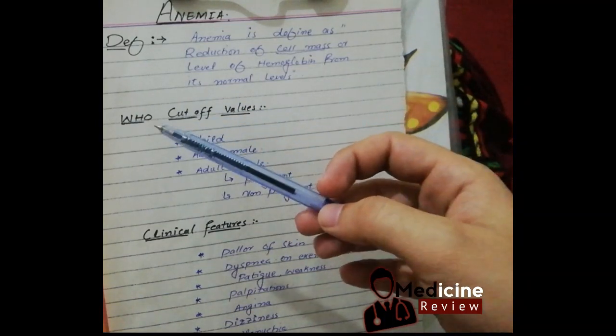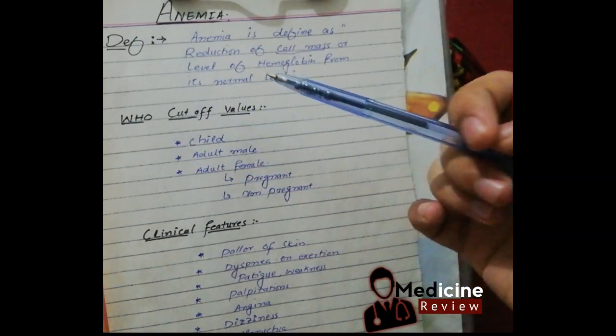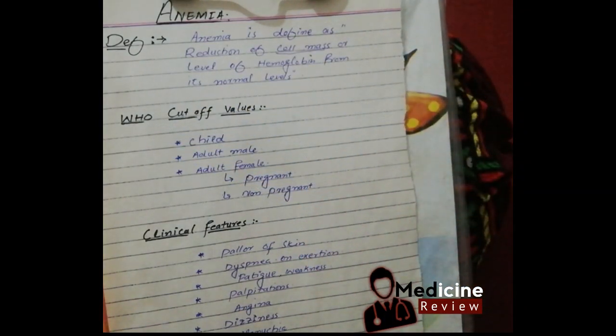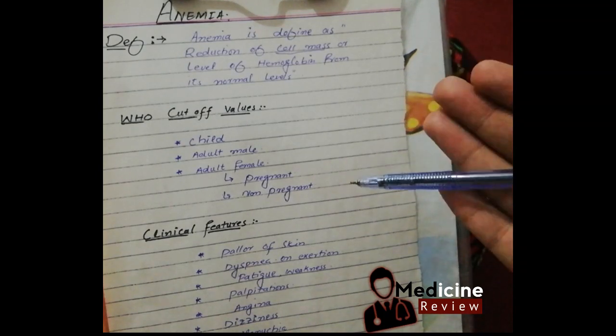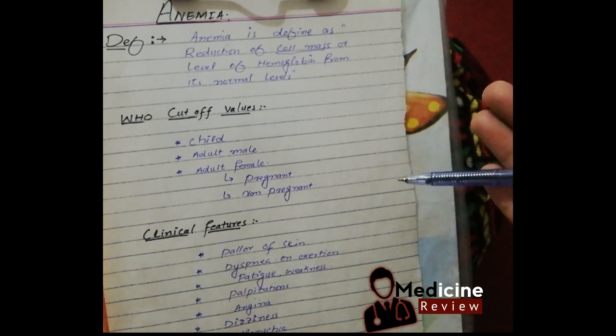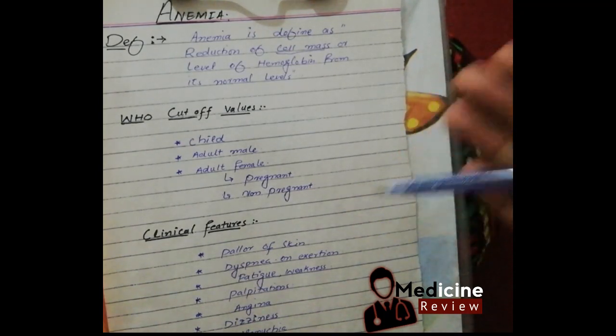Now let's look at the WHO cutoff values. The values are different for children and adults, and especially for adult females, it is different for a pregnant lady and for a non-pregnant lady.